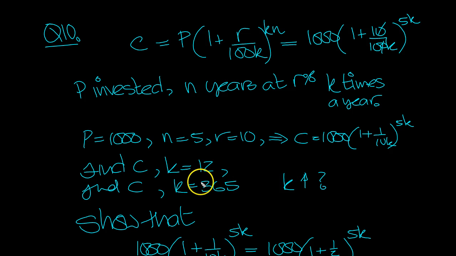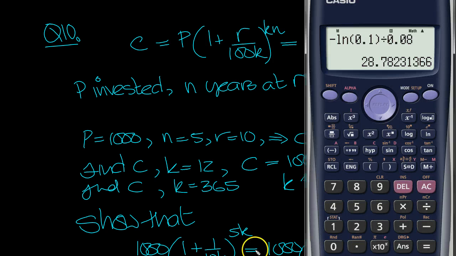Find C when k is 12. I'll put it in here. 1000, 1 plus 1 over k is 12. 10 12s are 120. So the 5k, 5 12s are 60, aren't they? So let's tap that in the calculator then.